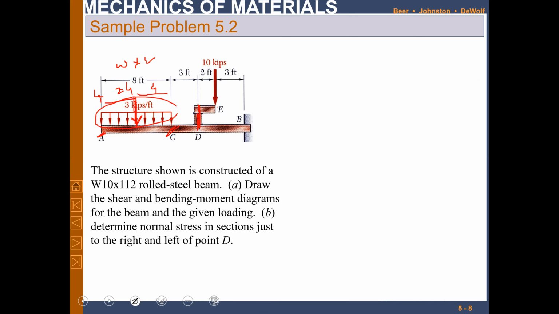Yes, definitely there will be some V and some moment, because this 10 kips load is being applied at 2 feet from the point E. So 20 kips feet will be the moment applied over there, and 10 will be the shear force applied to it, right?